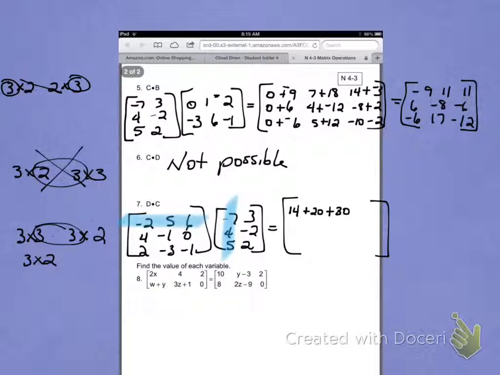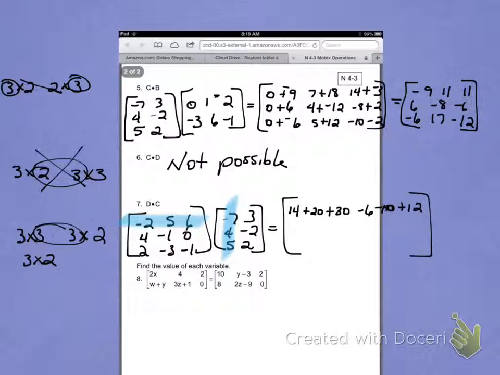Then we'll do row times the next column for our next entry. That same row times the following column. So you have negative 2 times 3 is negative 6. 5 times negative 2 is minus 10. And 6 times 2 is 12, plus 12.